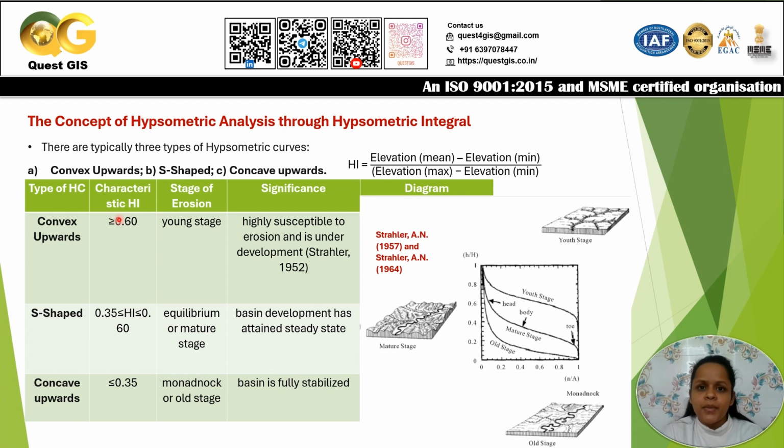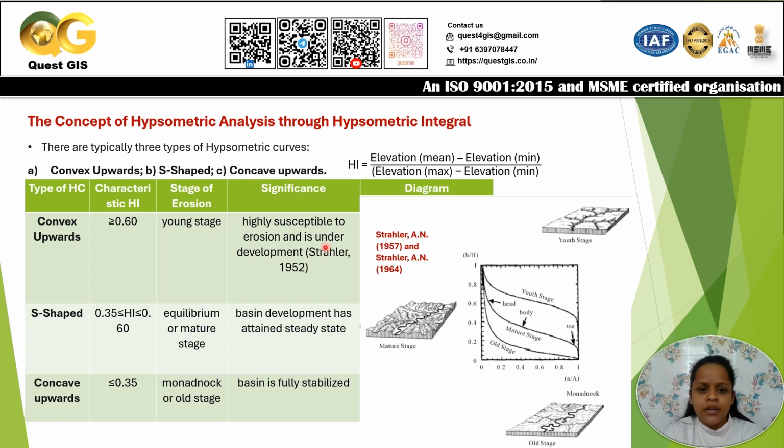That means 60% of the area is still there to be eroded by a river. So this represents the youth stage of a landscape or some landform, and it is represented by a convex upward curve.